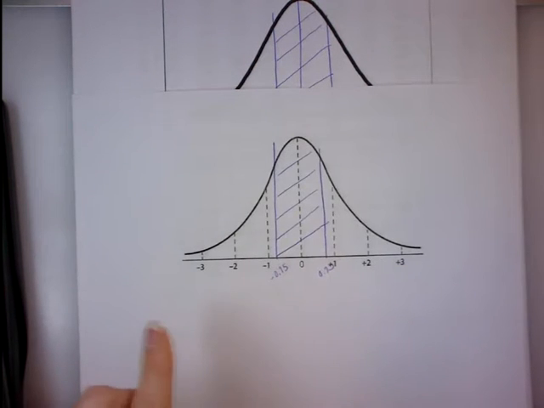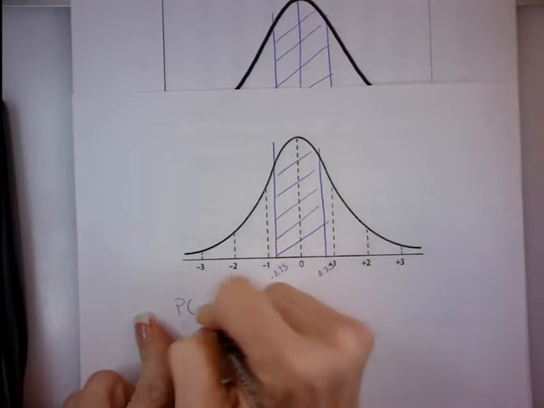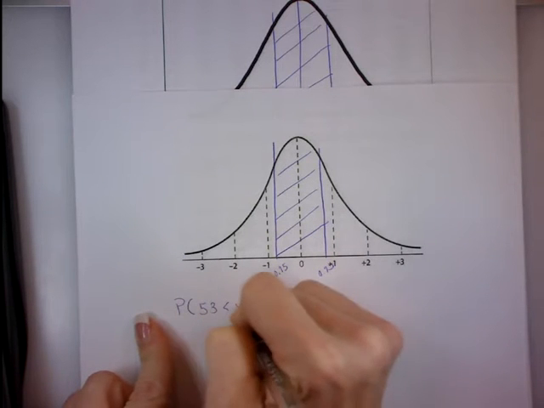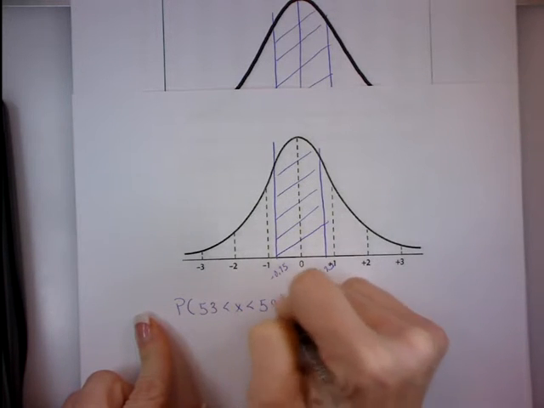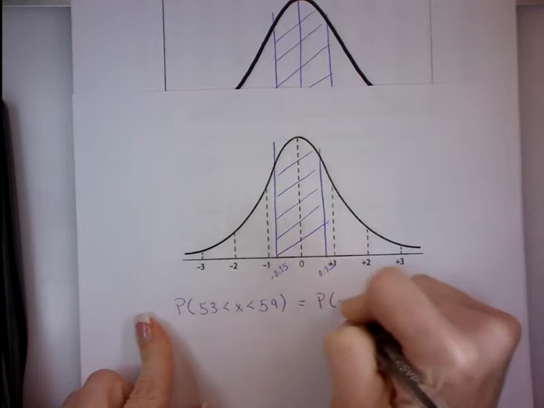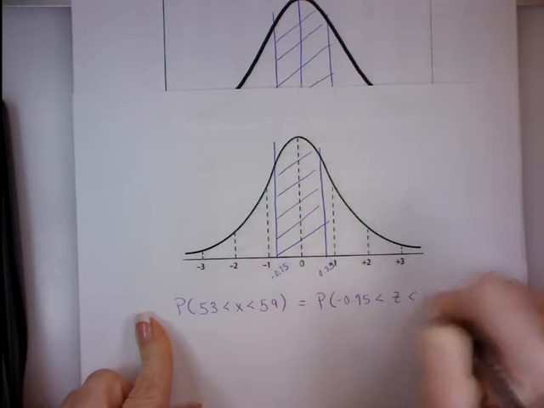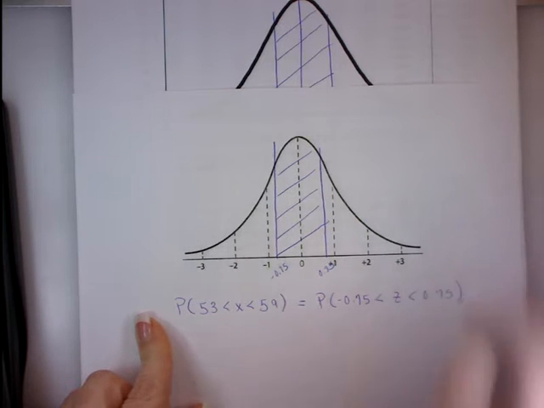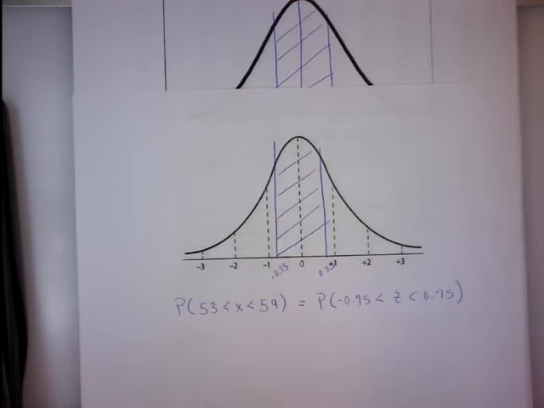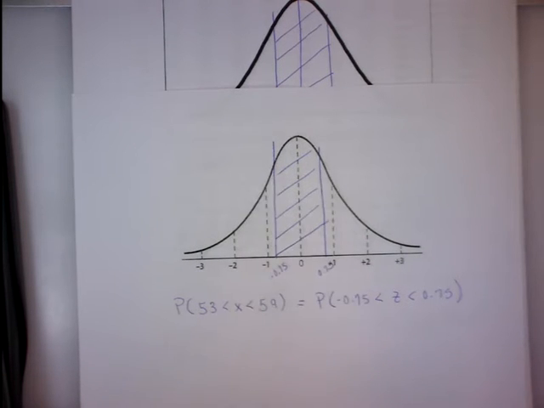And the reason I can do that: the probability that x is between 53 and 59 would be the probability that z is between negative 0.75 and a positive 0.75. So we are going to use our two-page z-table to find this area. And we'll do that now.